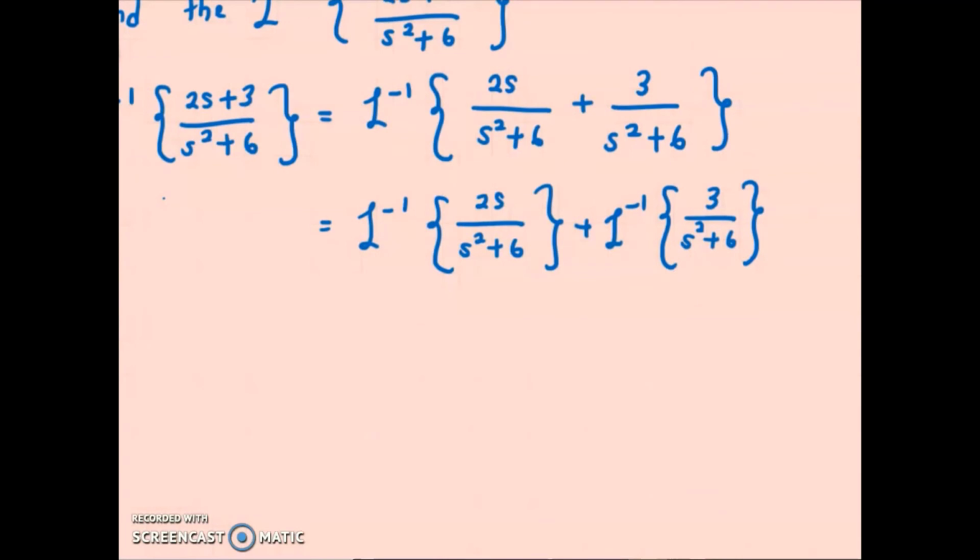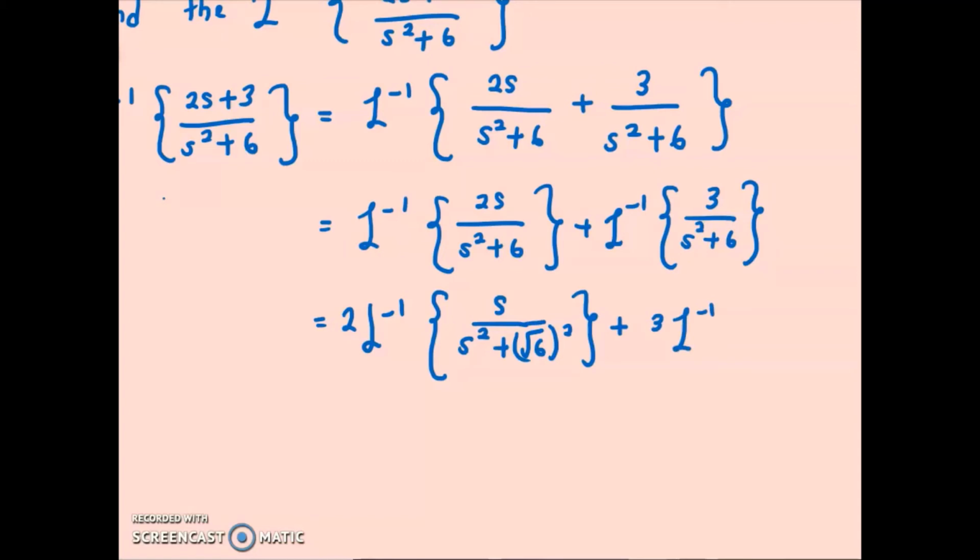Okay, so what we do here, I can take the 2 out, and then that gives me 2 times the inverse of s over s squared plus square root 6 squared. And then for this one, take the 3 out, 3 times the Laplace inverse of 1 over s squared plus square root 6 squared.